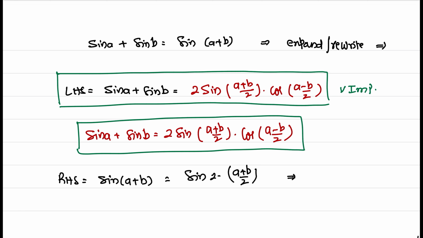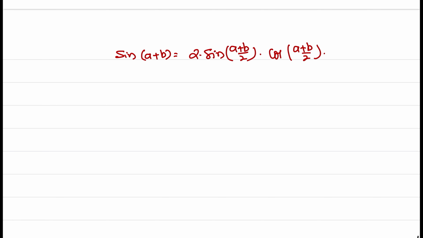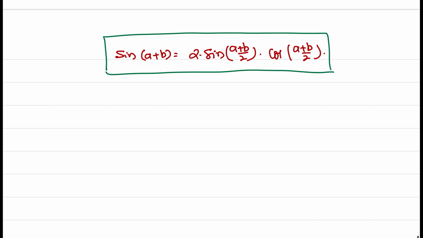This implies another very important equation, regularly used in mathematics, engineering mathematics and higher mathematics: sin(A+B) is equal to 2 sin((A+B)/2) into cos((A+B)/2). This is also a very important equation. Very important.